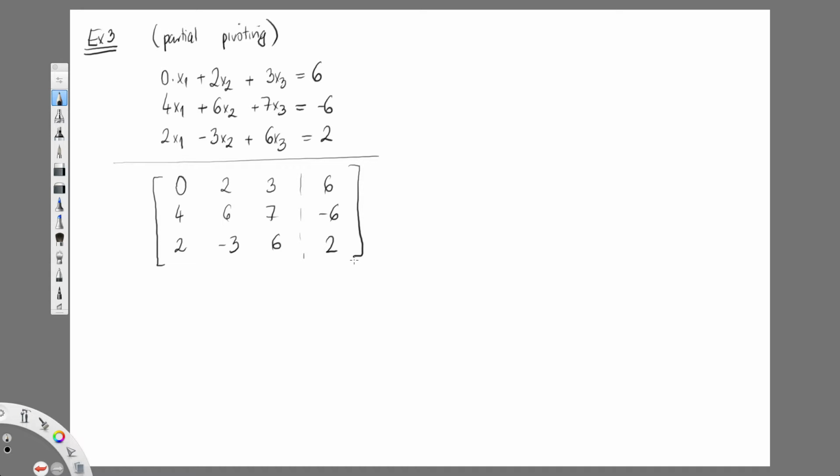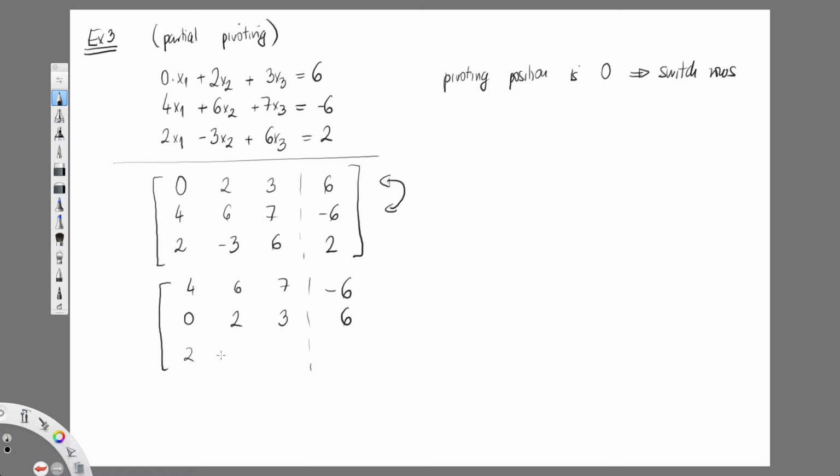So basically my pivoting position is 0, so we will switch rows. I will switch these two rows, and what I will get then is 4, 6, 7, minus 6, 0, 2, 3, 6, 2, minus 3, 6, and 2.